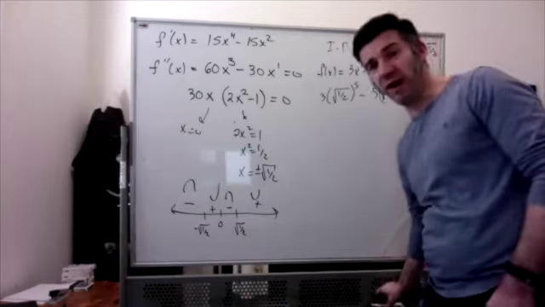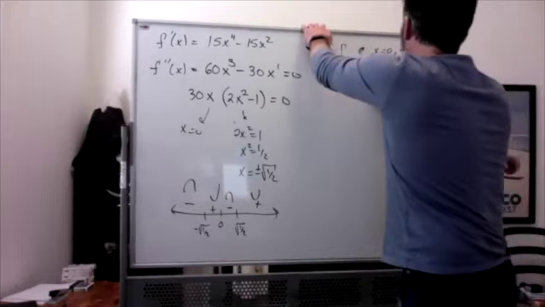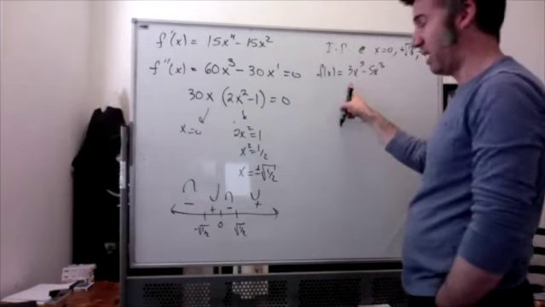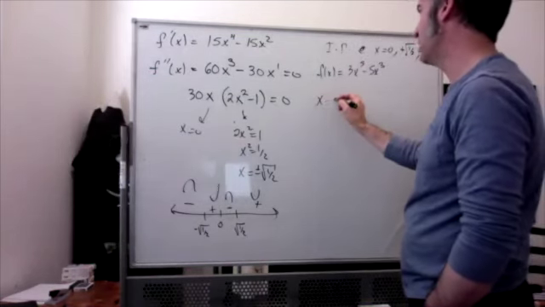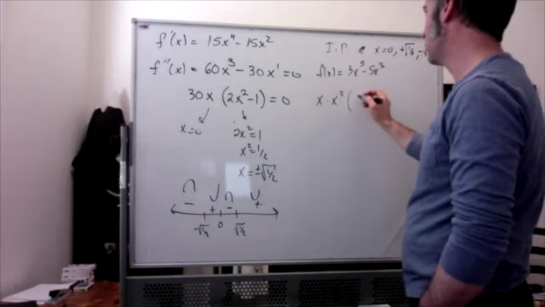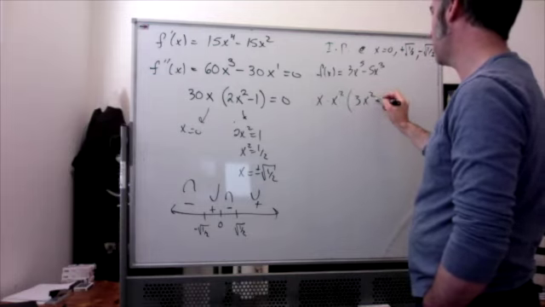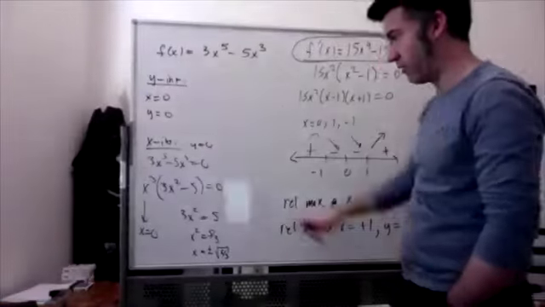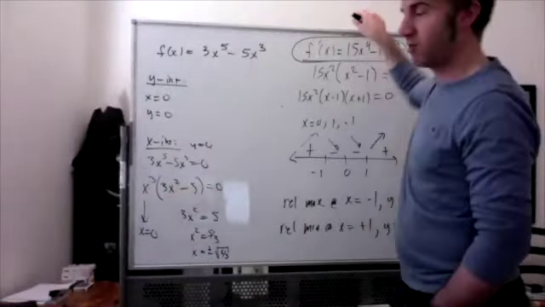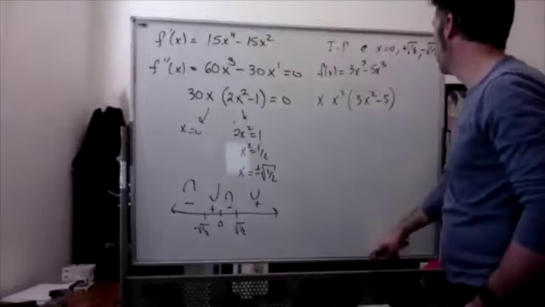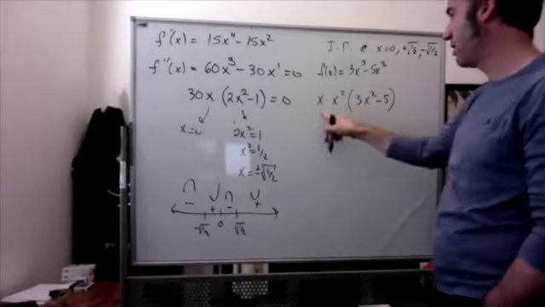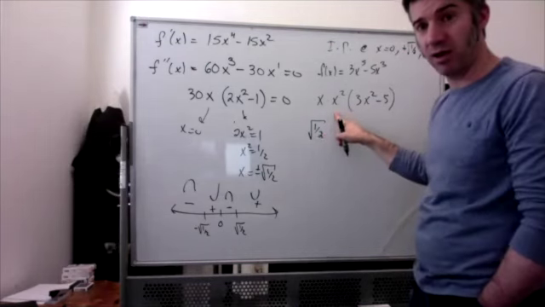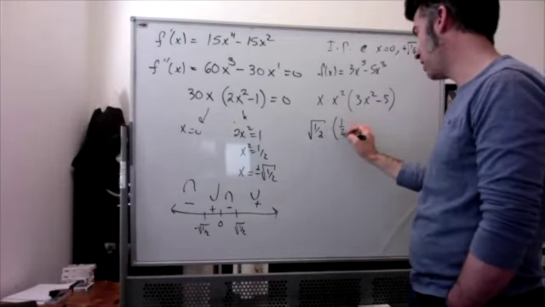I might actually factor it first, in a very specific way. I'm going to factor out the x cubed. I'm going to write it as x times x squared times 3x squared minus 5. That's what we factored over here. We factored out x cubed. So now if I plug in the square root of 1/2, I get the square root of 1/2 times the square root of 1/2 squared, which is 1/2.